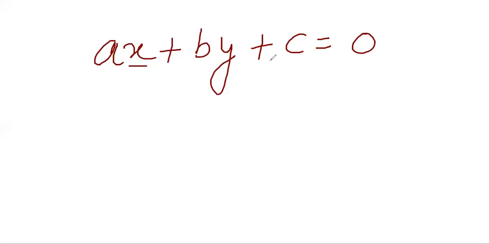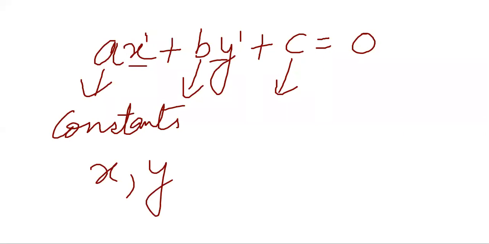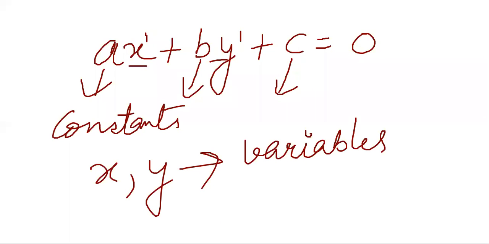That means we are having two variables, and secondly the power of the variable is 1, where a, b and c are all constants. x and y are variables and a, b, c are constants.